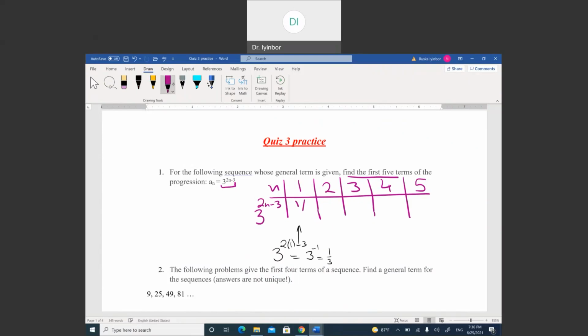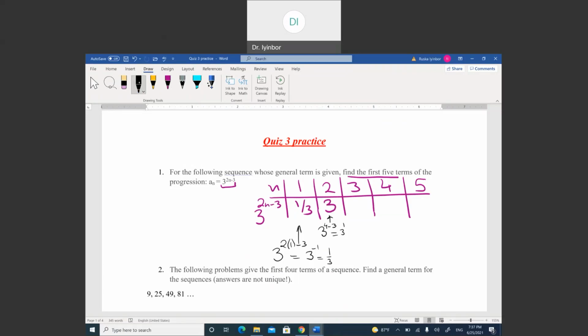Then the next step is we're going to replace n with 2. So we're going to have 3 with exponent 2 times 2 is 4, minus 3, so 3 to the first power. So my second term is just the number 3, because 3 to the first power is just 3.